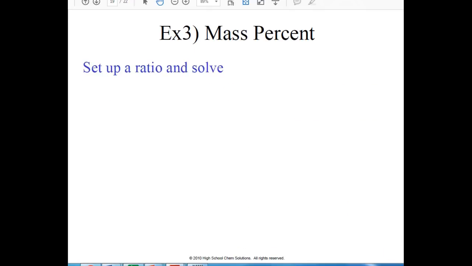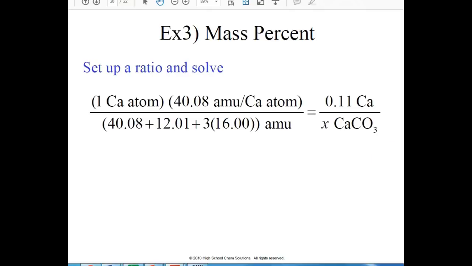When you come across questions like this, we're going to set up a ratio to solve. All right? So whenever we have impurity problems, we want to be thinking about a ratio. So our ratio here is going to be the left side is coming from our formula. So we've got calcium on the top and the whole thing on the bottom. Equal to the percent of calcium, they gave us that, 11%, over the percentage of the whole thing.